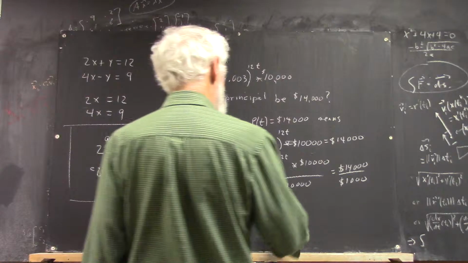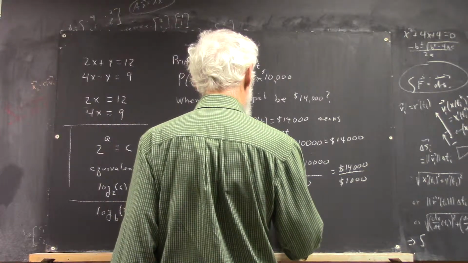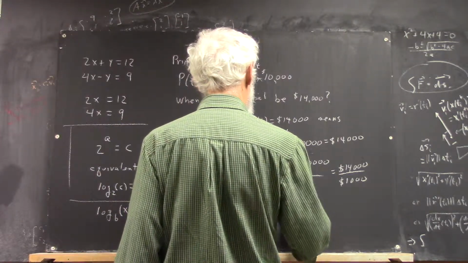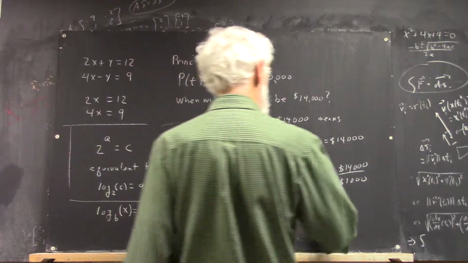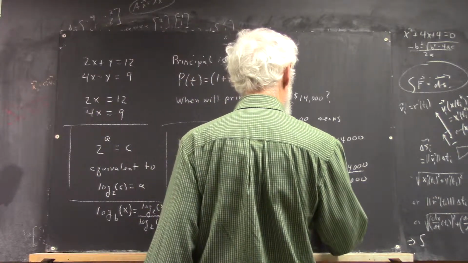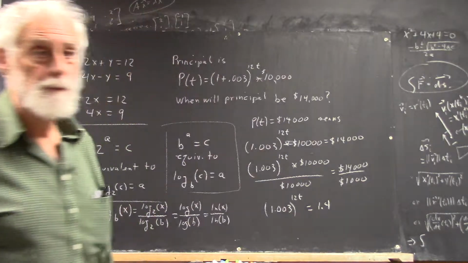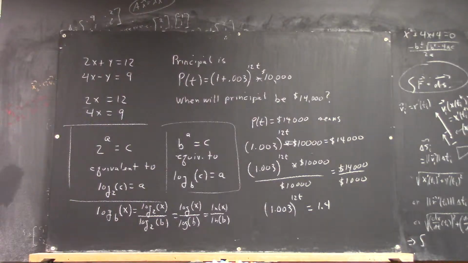And that's going to leave us with 1.003 to the 12t. And over here, the division is easy. We get 1.4. Then what do we do?